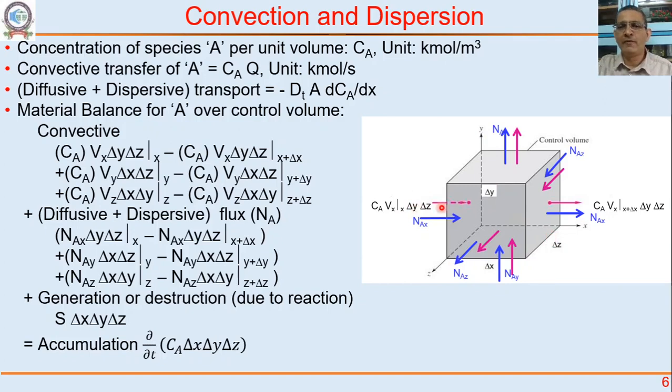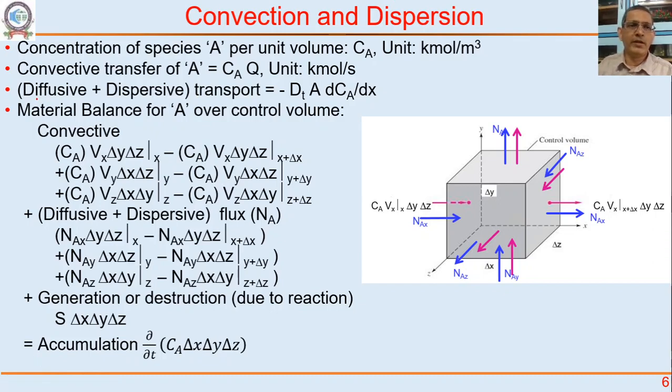So we can write convection coming into this control volume and turbulence causing a flux of A into this control volume. So diffusion, molecular diffusion, as well as turbulent dispersion. Now we are using two different words.